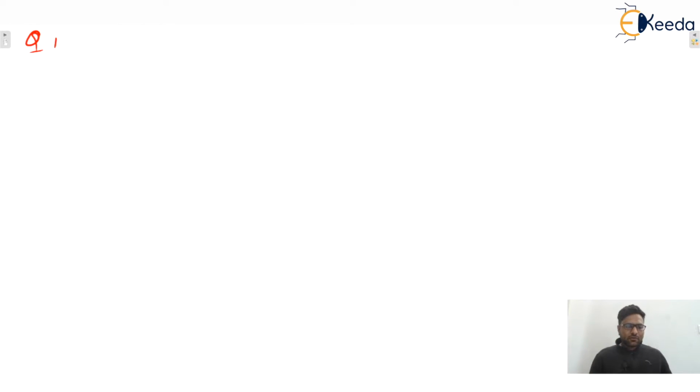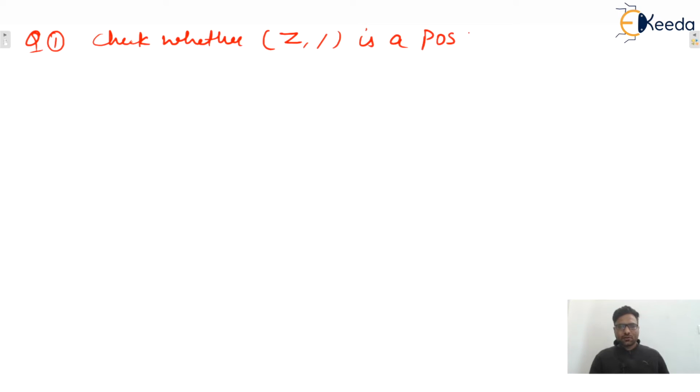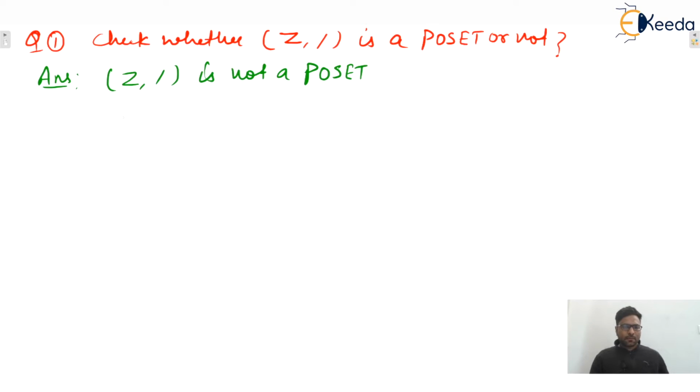Let's say question number one, check whether set of integers on division is a poset or not. So Z on division is not a poset. Why?